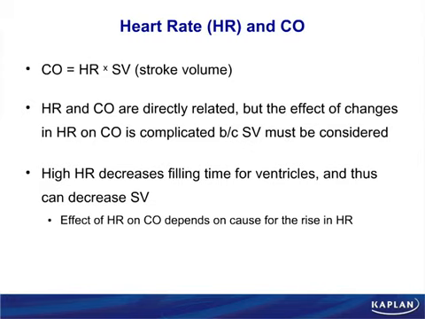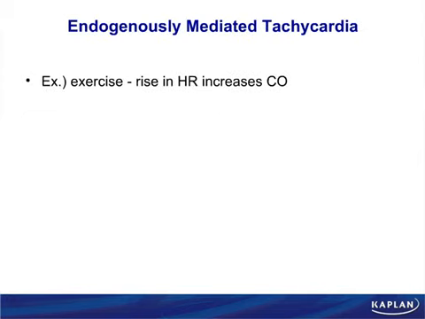There are 2 big basic concepts of driving up heart rate. The first is we can increase heart rate endogenously, physiologically driving up heart rate, involving the sympathetics. A perfect example is exercise. In exercise, heart rate goes up and cardiac output goes up with it. We are able to maintain stroke volume.